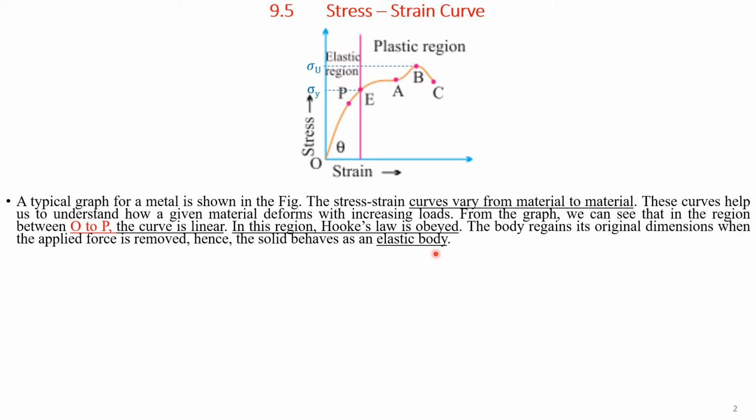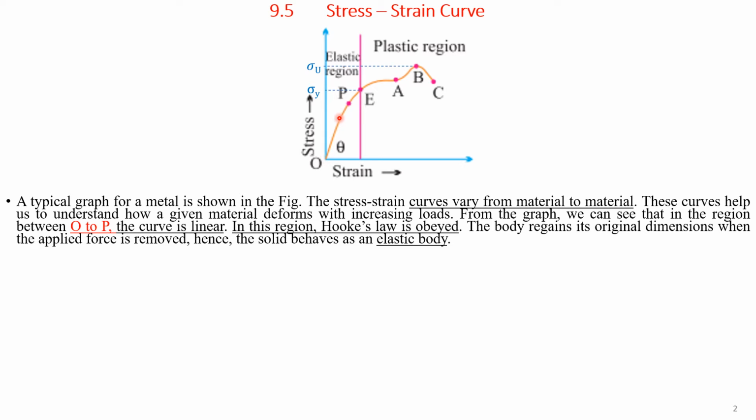From the graph, we can see that in the region between O and P, the curve is linear. In this region, Hooke's law is obeyed. The body regains its original dimensions when the applied force is removed.